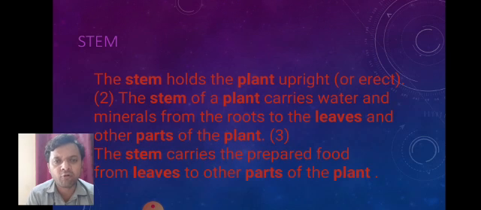So the prepared food from leaves is also carried by the stem and provided to the other parts of the plant. See how much important a role the stem is playing for the plant. The stem is very important. The stem is like a pipeline, we can say, which is carrying water, providing prepared food, and also providing useful nutrients like minerals and water as well. So the stem is very important for the plant.